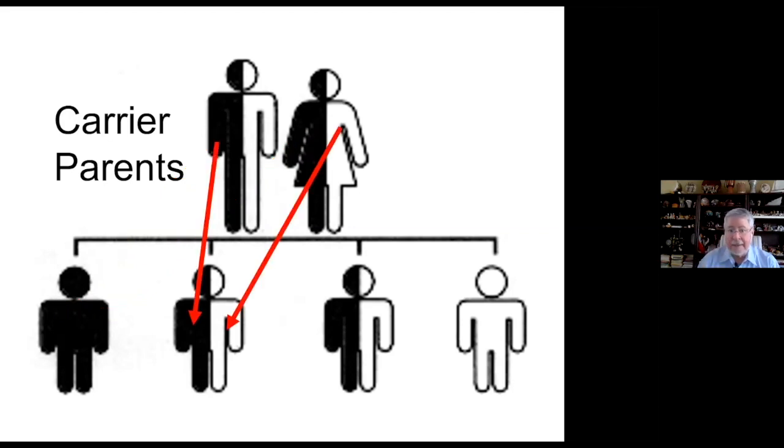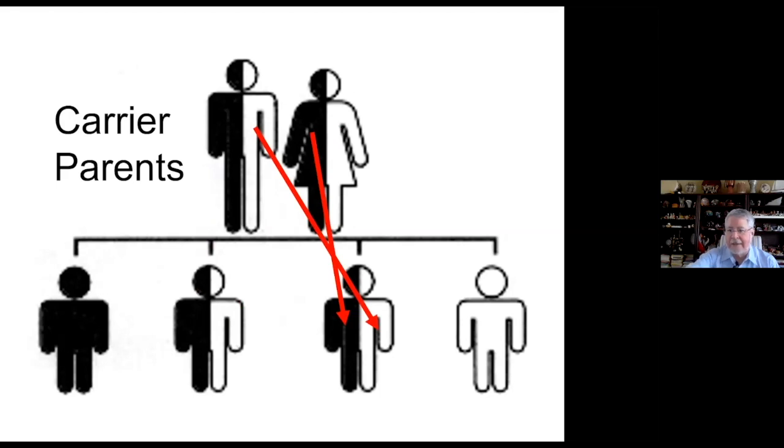On the other hand, if a child inherits one of those copies that works and is able to make melanin, and another copy that isn't able to make melanin, that person will be a carrier just like that person's parents. And this can happen in two different ways, the way shown and this way as well.